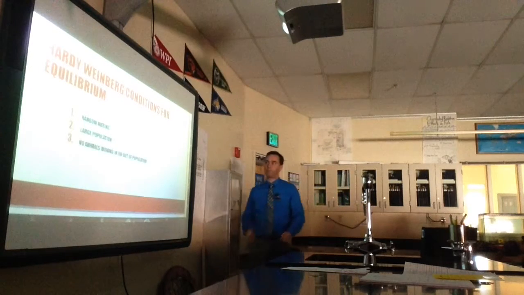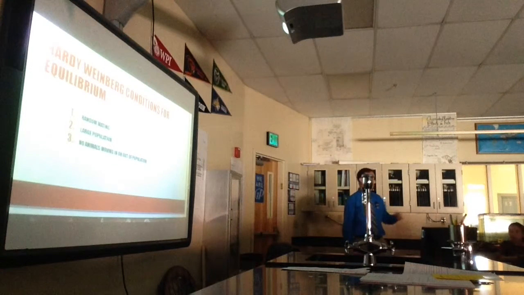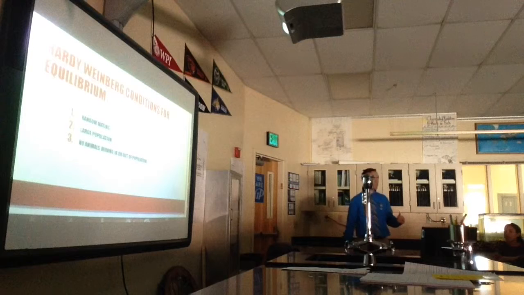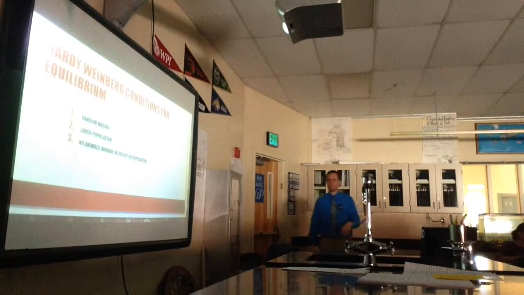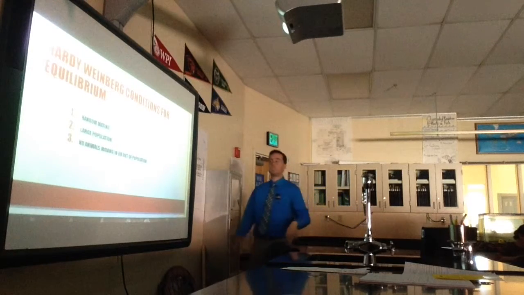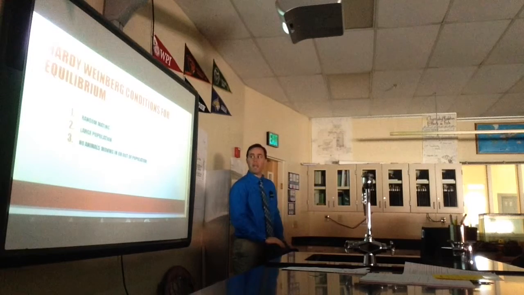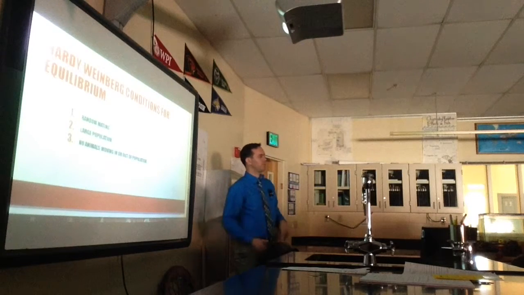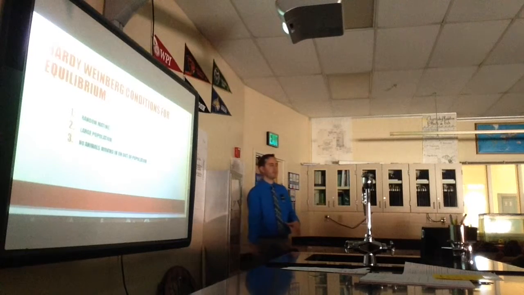Third, within that group, there can be no immigration, which is things moving into a population, because that would bring new genes in, right? Like if you've got animals coming into your population from a different one, you'd be getting different genes into your population, which would be changing the percentage. And you can't have emigration, which is things leaving the population, because that's taking genes with it, right?